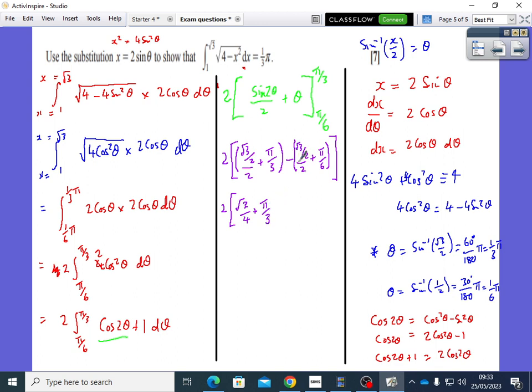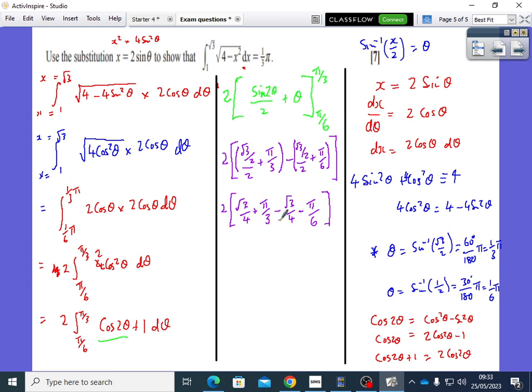I'm going to take this out of bracket. That becomes a minus root 3 over 4, and that plus becomes a minus pi over 6. Just double checking something here. Oh yeah, I'm happy with it.